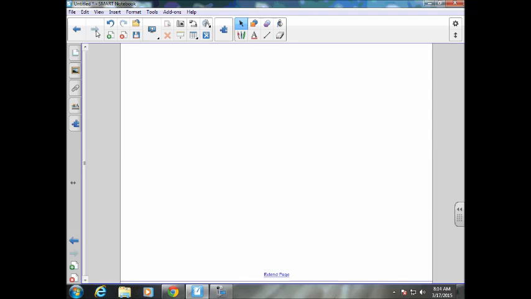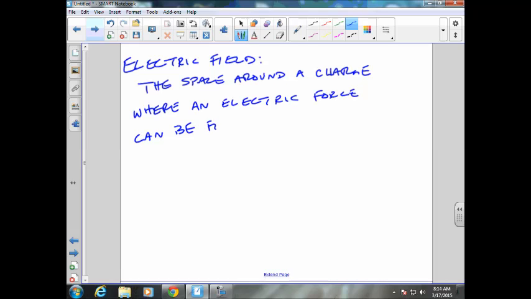Let's put a definition on that then. In general, an electric field is the space around a charge where an electric force can be felt.